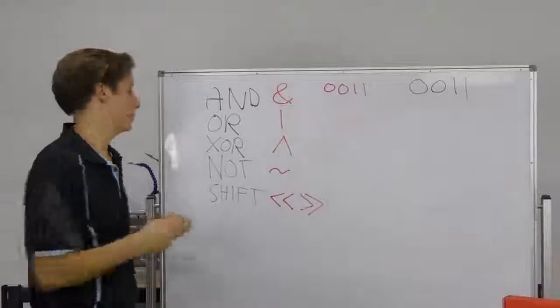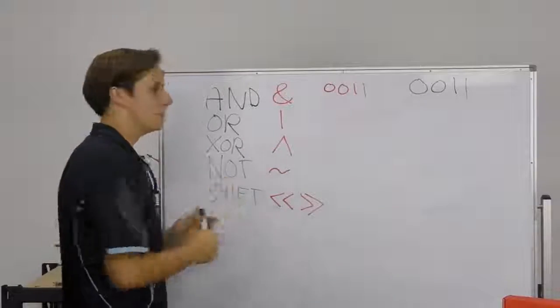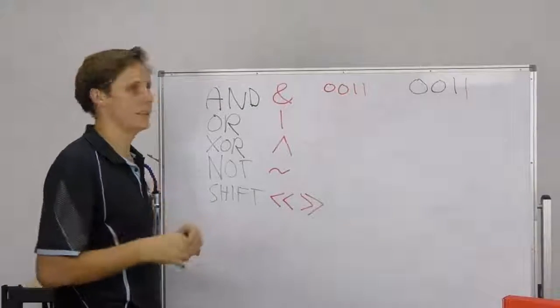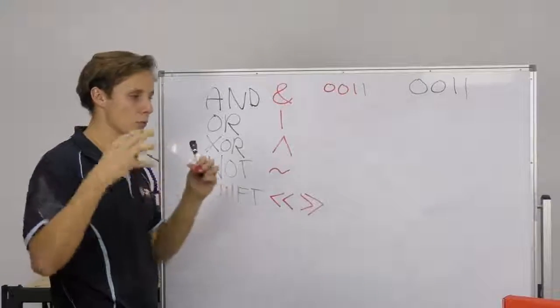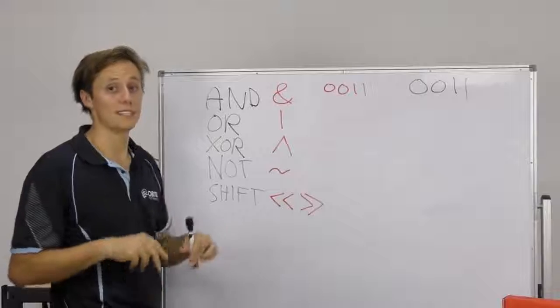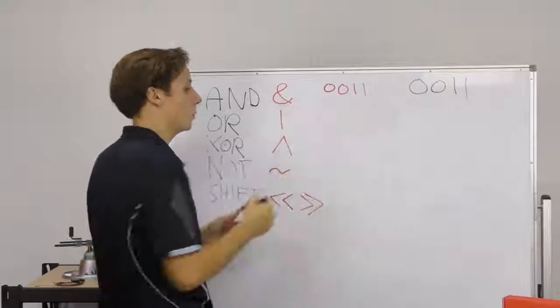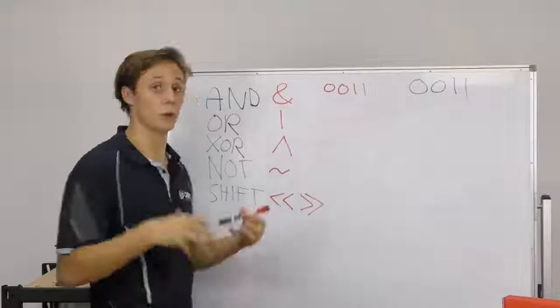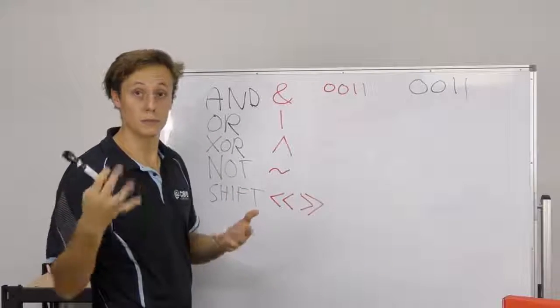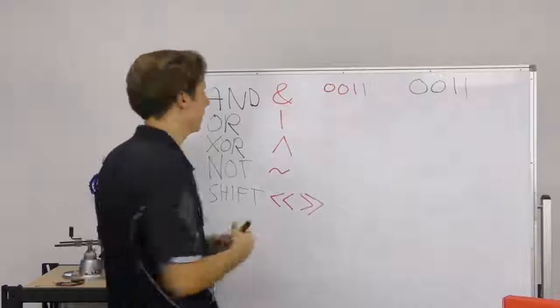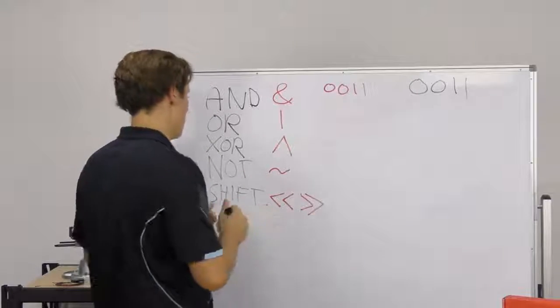Which brings us to NOT. Now, NOT and shift, which we'll get to now, are a little bit different in the sense that they don't perform a result based on 2 different operands. Instead, they modify a single operand. So let's take our base number, 0, 0, 1, 1 in binary, which if you know your binary is 3.